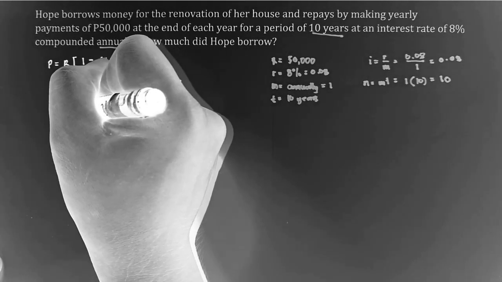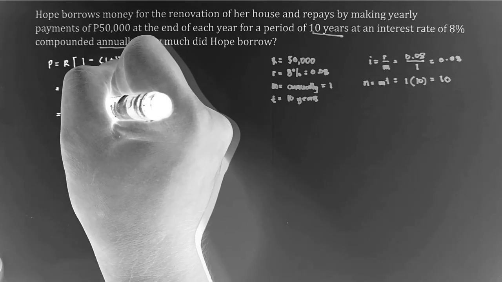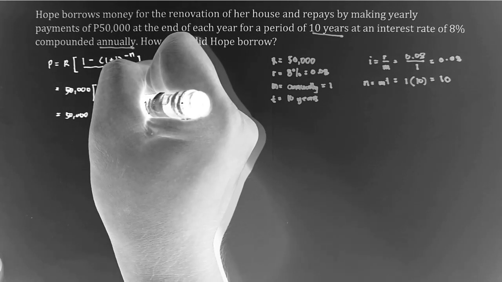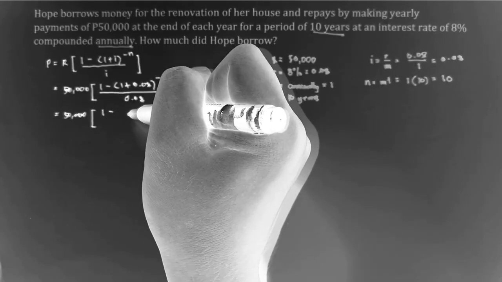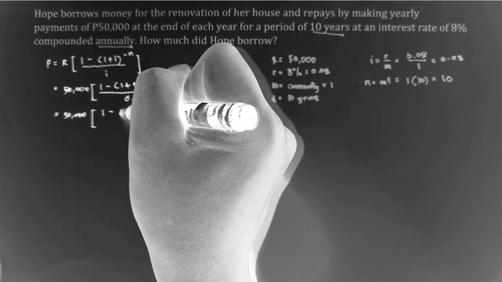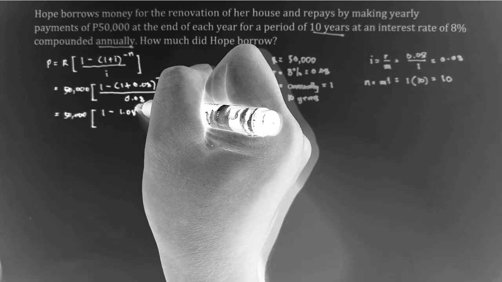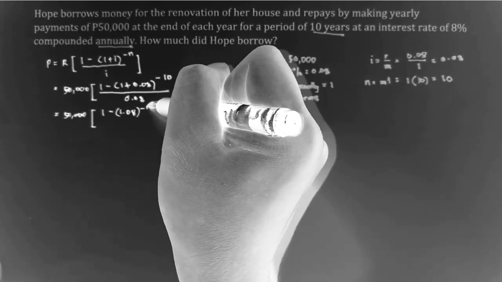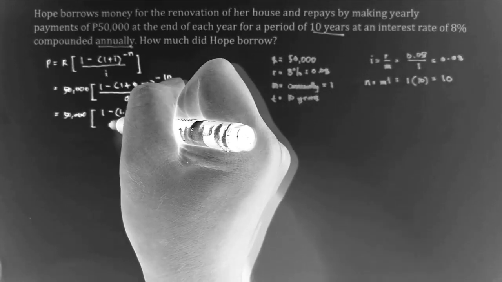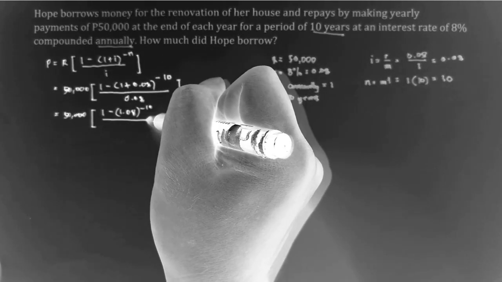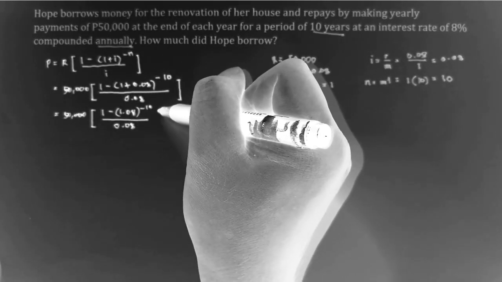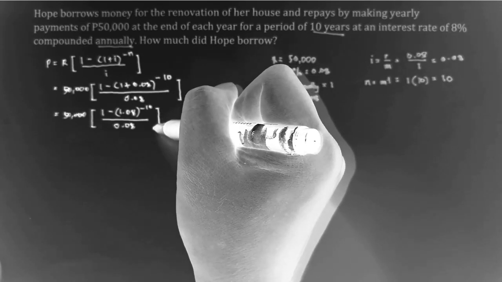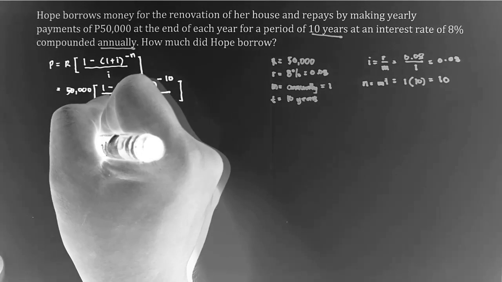So, simplify. This is 50,000 times 1 minus 1 plus 0.08. That is 1.08, and then raised to negative 10 over 0.08. So, continue natin yung ating computation.